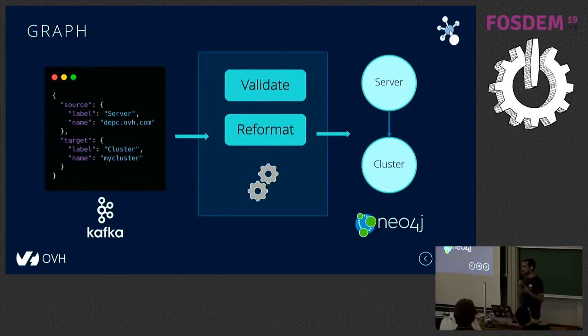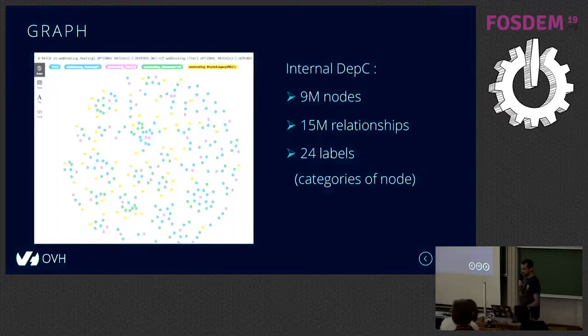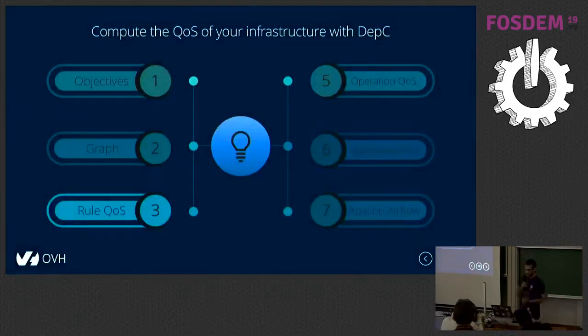So we have a Python consumer, which is currently handling messages, and which validates and reformats the message in order to populate the Neo4j database, with this kind of graph. We currently have millions of nodes and relationships in DEPC, and it is growing. So this time it's about the raw QoS.